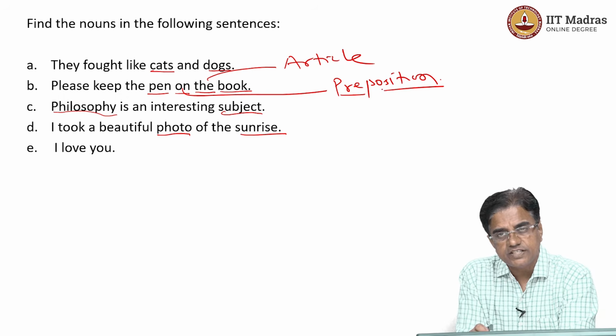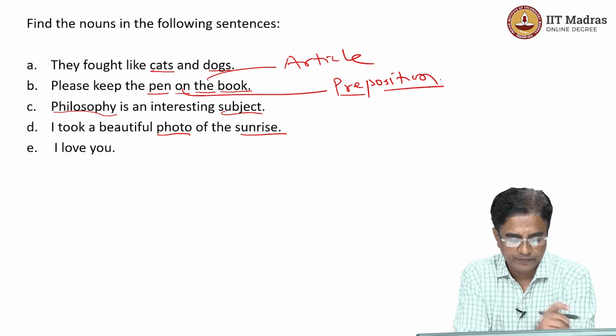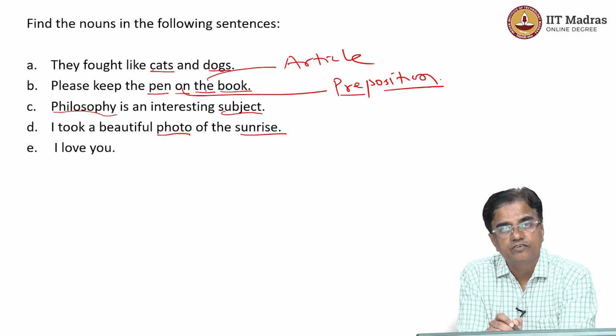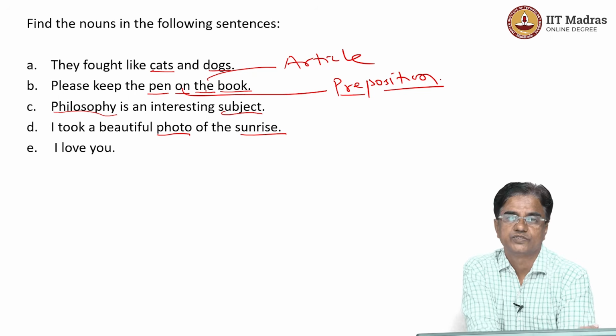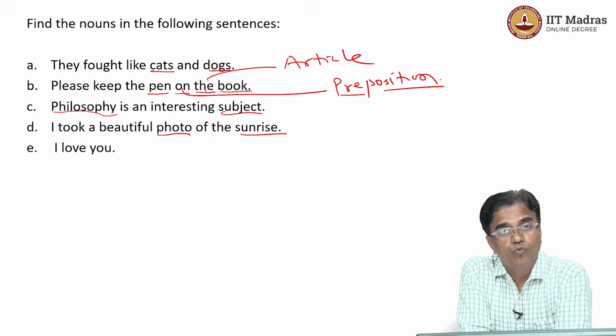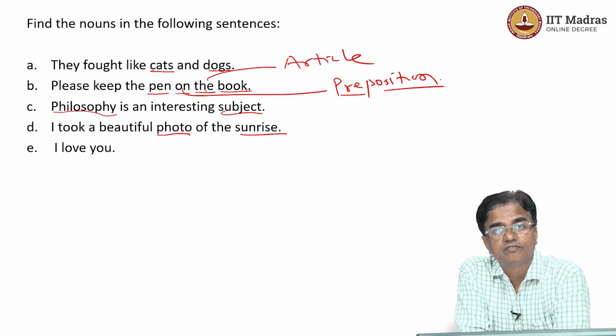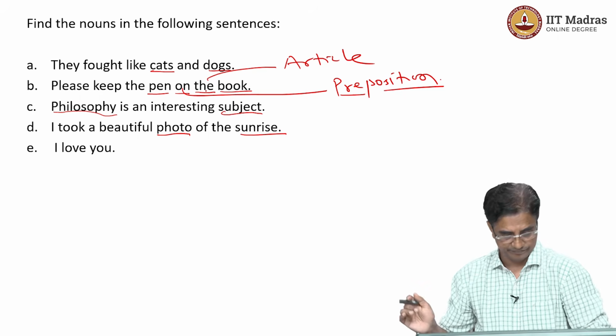So a preposition can precede only a noun. An article can come in front of only nouns. So if you see an article in a sentence, the following word must be a noun. So these are some of the identifying features, functional features of nouns.